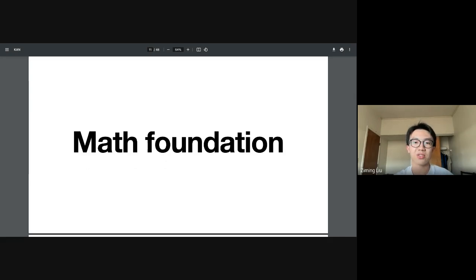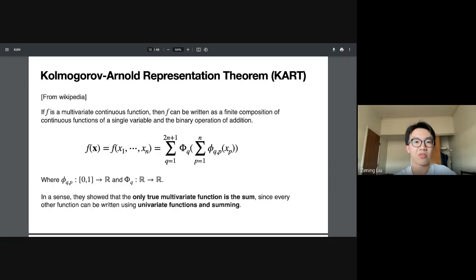The math foundation, as I mentioned, but let me review again: given an n-dimensional function, by that I mean a function that takes in n variables and outputs one variable. You can easily extend to many output variables, but here for simplicity, let's just do one. Then it can be decomposed into a formula of this form.